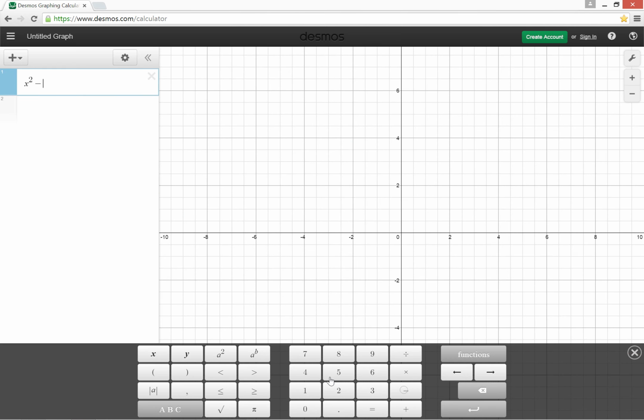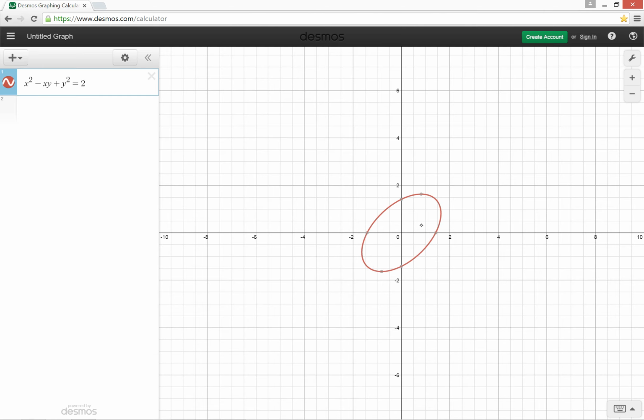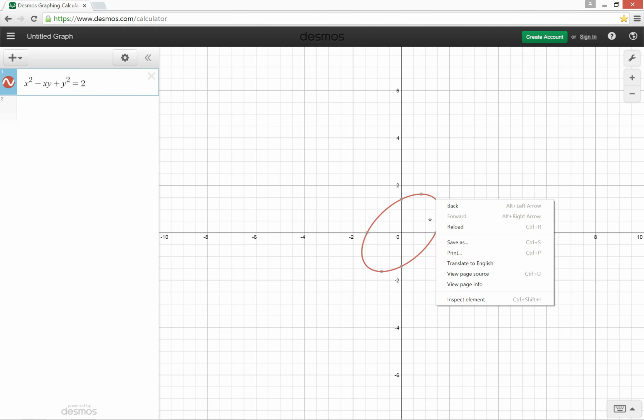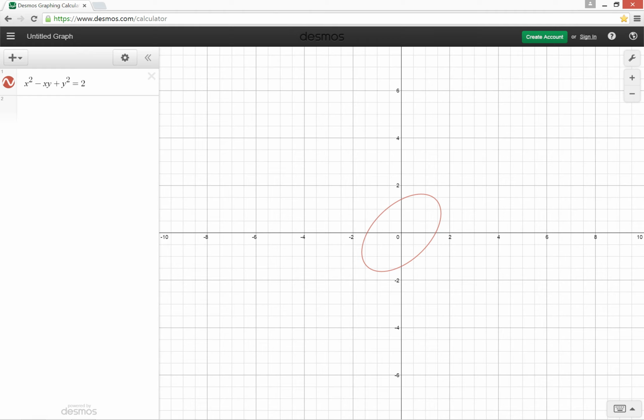X squared minus xy plus y squared equals 2. That goofy thing. Now, you say, well, I could solve for y equals. You sure can, and you're going to get the curve from right here and right there. And it's doable to do it that way, but it's messy. It's just messy.